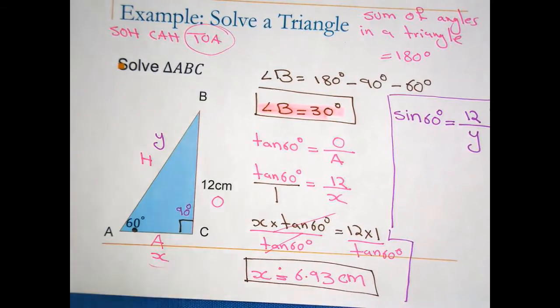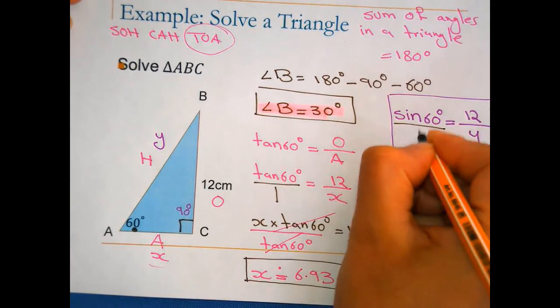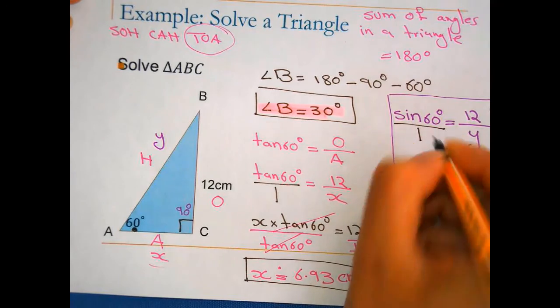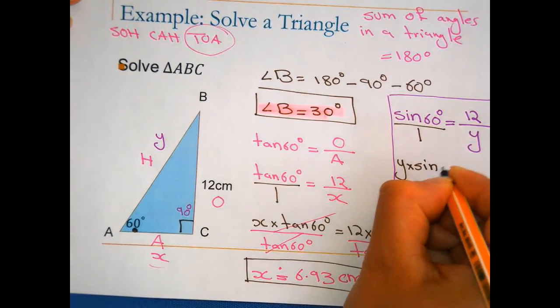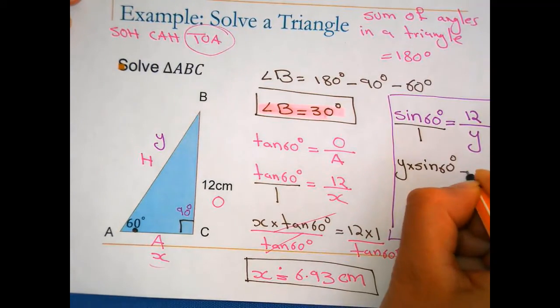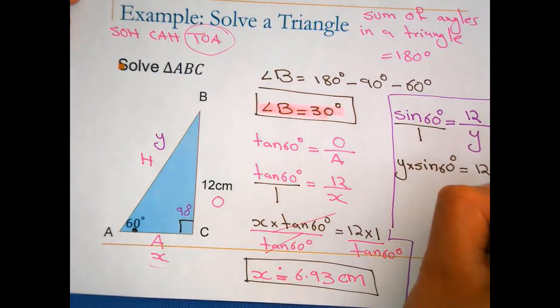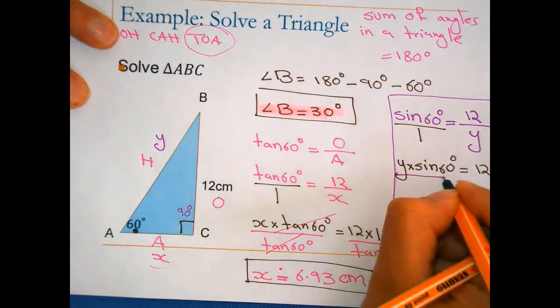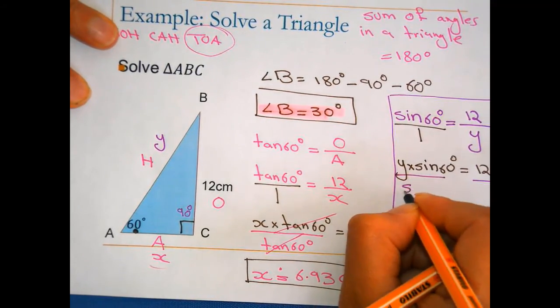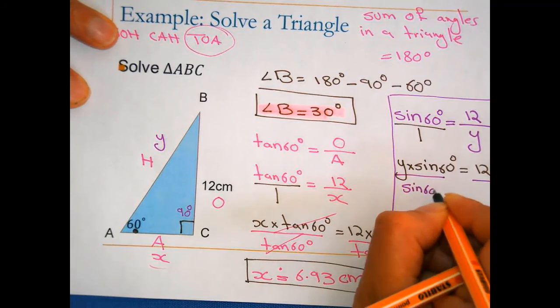Now, again, we put this over 1 and we cross multiply. So y times sine 60 degrees equals 12 times 1. We want to isolate y, the unknown, so divide both sides by sine 60.